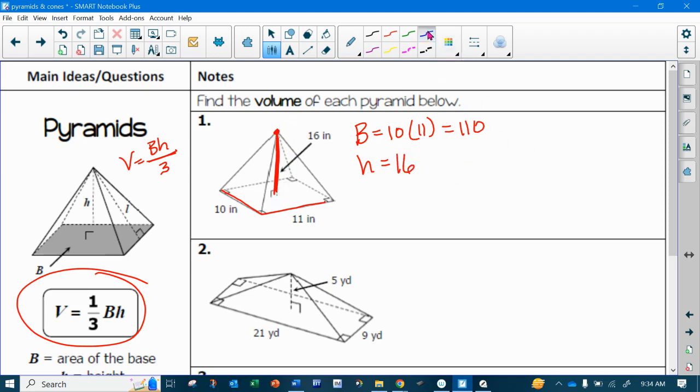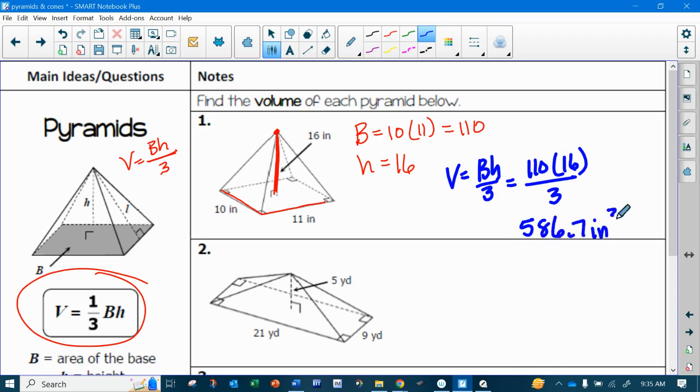So now volume is base times height divided by 3. So that's 110 times 16 divided by 3. And just type it in and hit enter. So we've got 586.7 inches cubed.